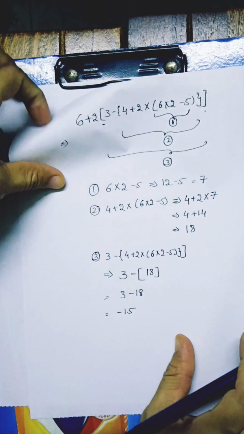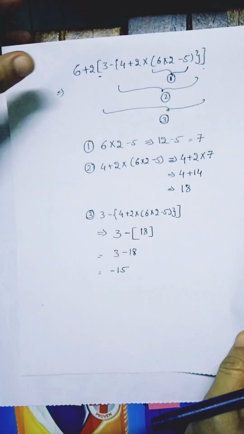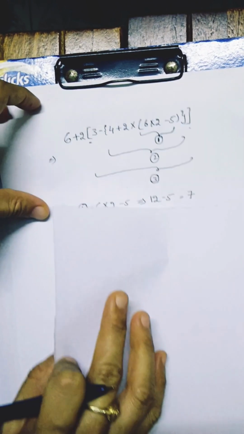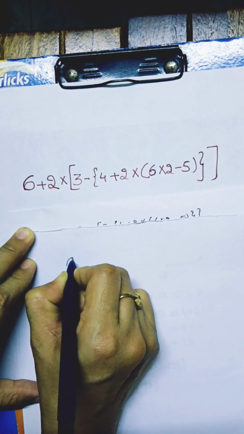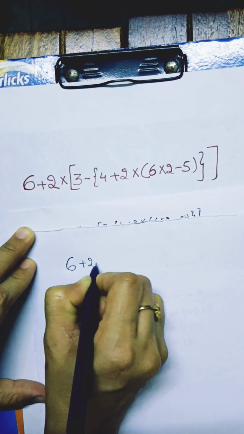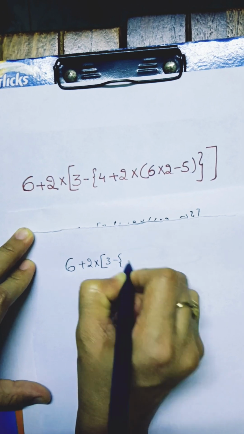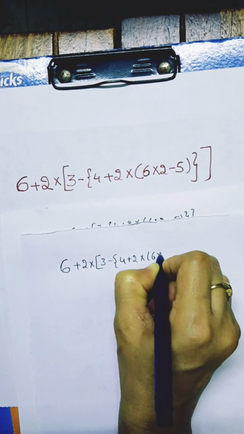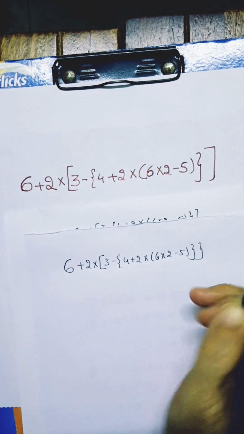So lastly, once again, now I am going to write the question again. 6 plus 2 multiplied by 3 minus of 4 plus 2 multiplied by 6 into 2 minus 5 brackets close.